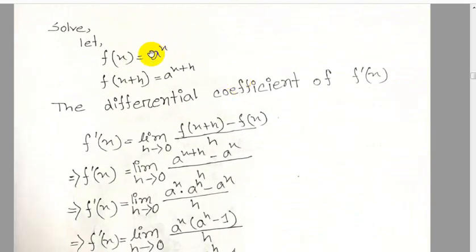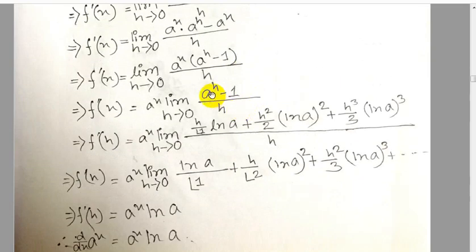Similarly, you can find the differential coefficient of a to the power x, and this is the Maclaurin expansion of a to the power h.